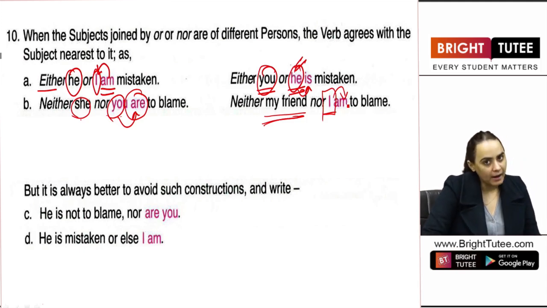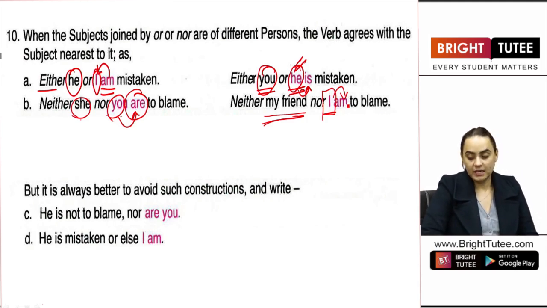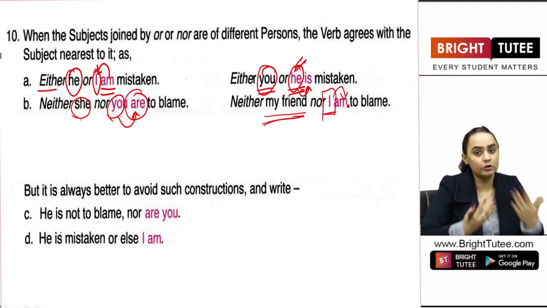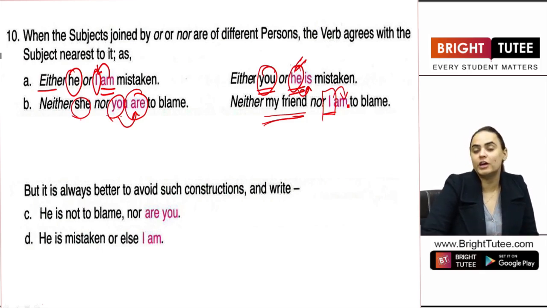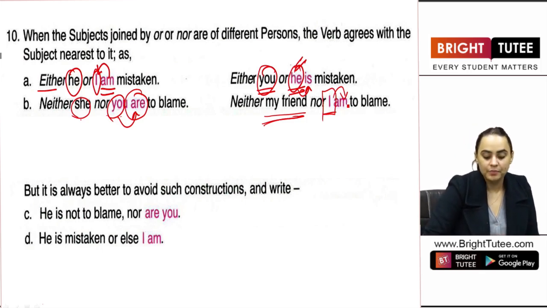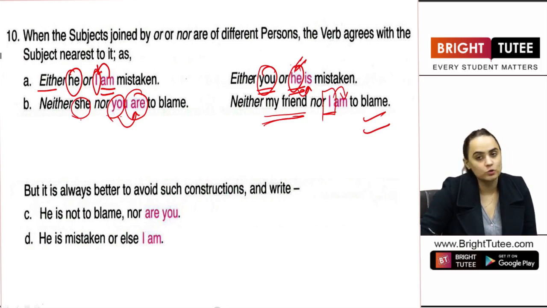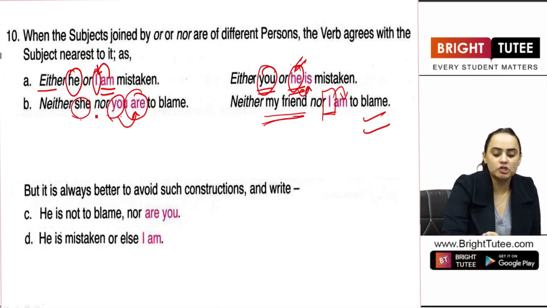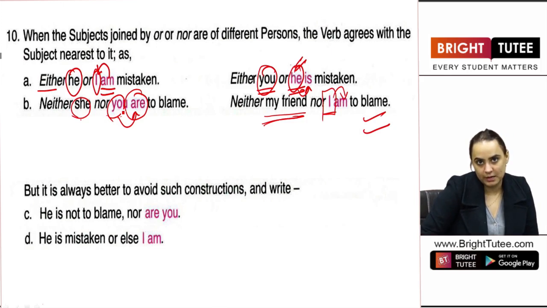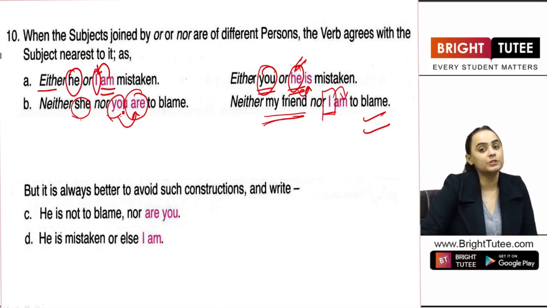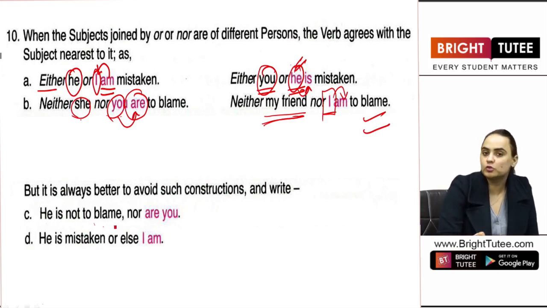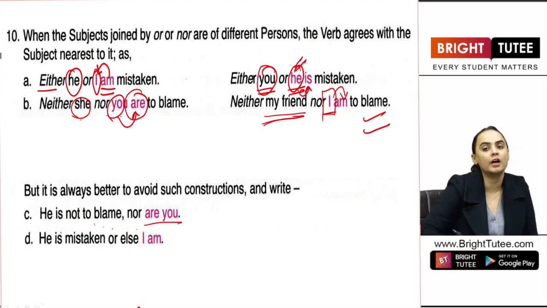Alright. But it has been advised that, in order to make sure that we are not making any mistakes, rather than writing the sentence, neither my friend nor I am to blame, or neither she nor you are to blame, we can use a different construction of the sentence, which is, he is not to blame, nor are you.